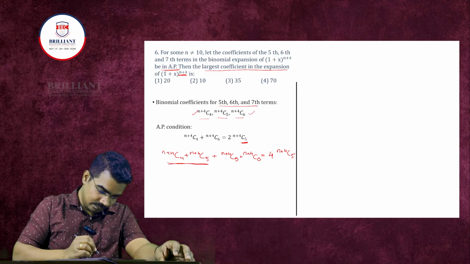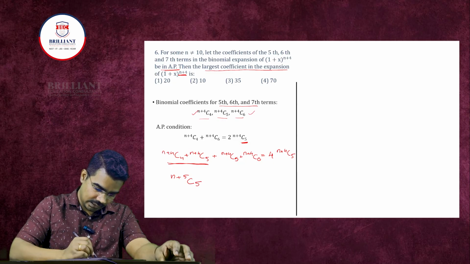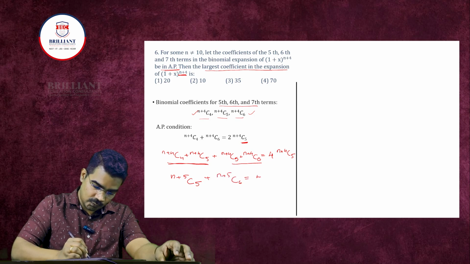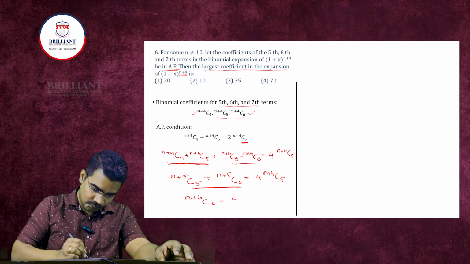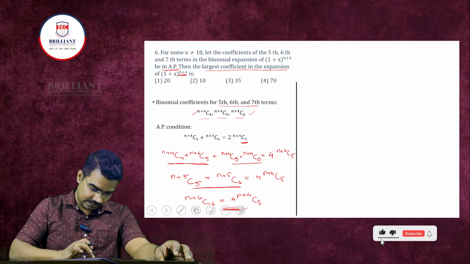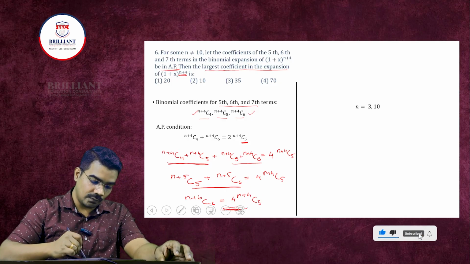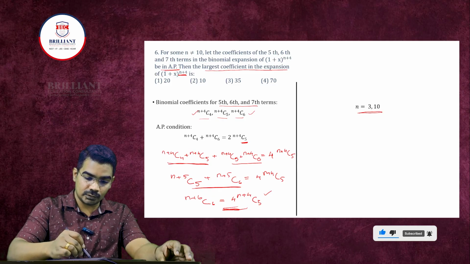So this will become (n plus 5)C5 plus (n plus 5)C6 is equal to 4 into (n plus 4)C5. Again these two will become (n plus 6)C6 is equal to 4 into (n plus 4)C5. So this is what you get. And solving this, you will get n is equal to 3 and 10.